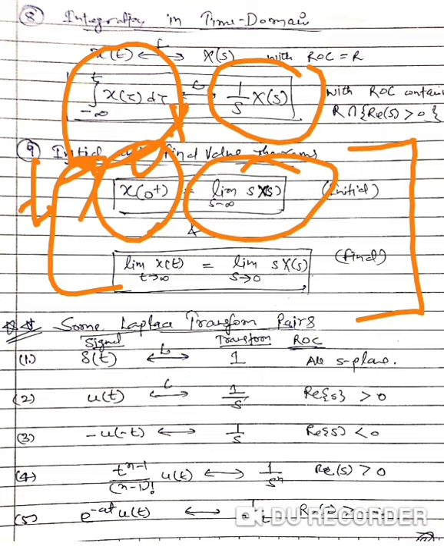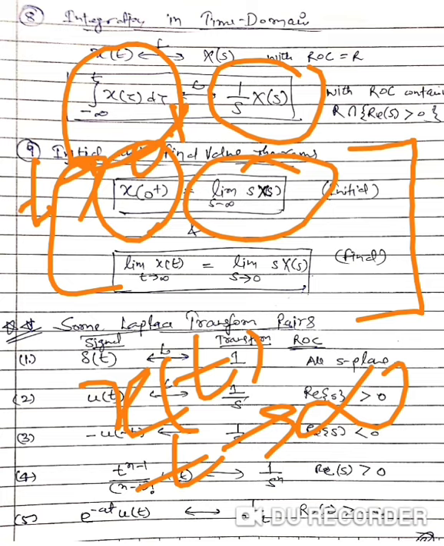And the final value theorem is, if we find the value of x(t) at t equal to infinity, then it comes out to be limit s tends to 0 s multiplied by X(s). Sometimes in our MDU university exams, questions come on these final and initial value theorems as well. So it is simple, we just have to calculate the value of s into X(s). For the initial value theorem we calculate at s equal to infinity, and for the final value theorem we put s equal to 0.